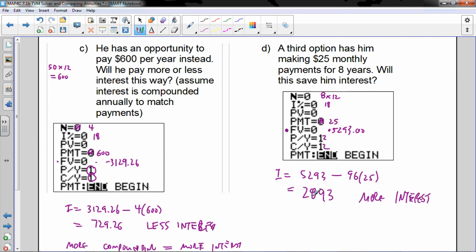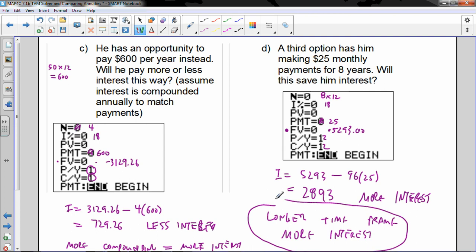So the moral to this little story is longer time frame, more interest. Which is good if you're investing, bad if you're paying back a loan. So if you're trying to pay back a loan, you try and pay it off faster. That's the little moral there.